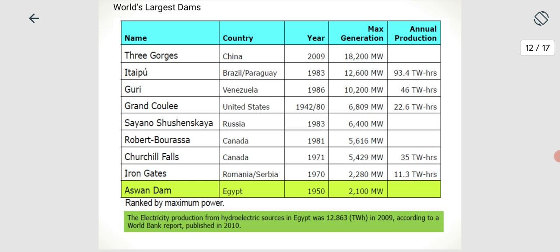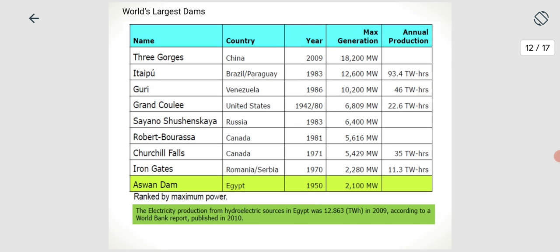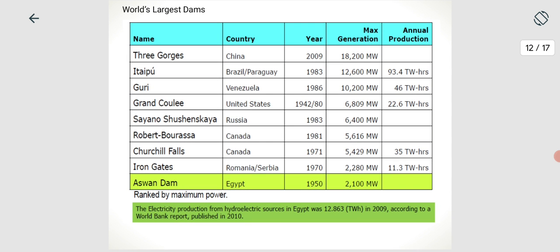Guri. This chart shows the largest dams in the world, the country, the year of construction, the maximum power generation, and the annual production of each dam. Okay, so these are the world's largest dams.